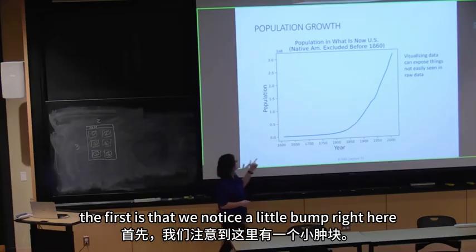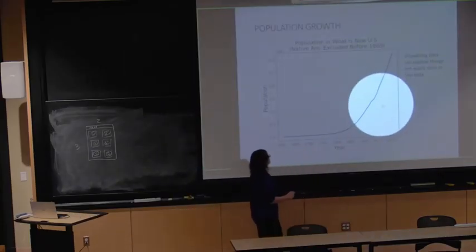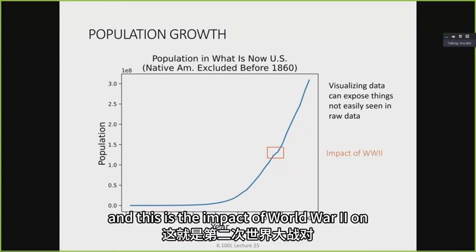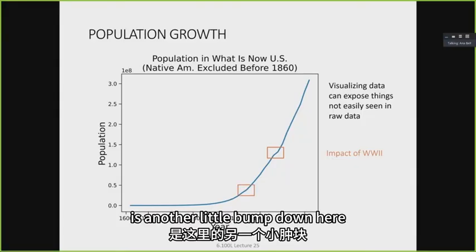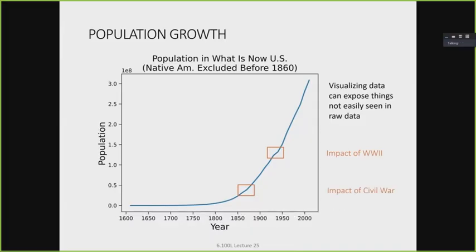The first is that we notice a little bump right here in the population. And this is the impact of World War II on the population. Second, a little harder to tell, is another little bump down here, and that's the impact of the Civil War on the population. Okay?